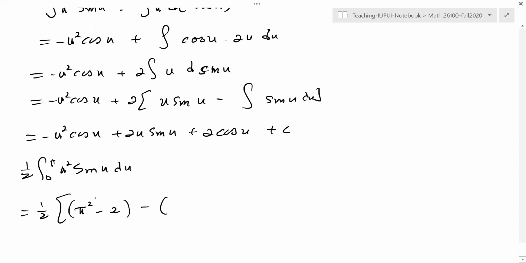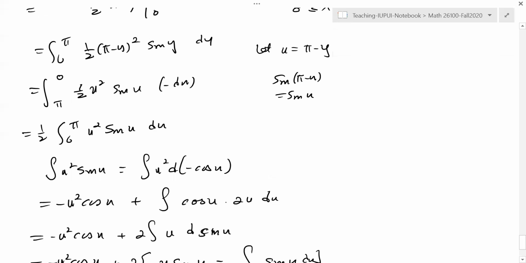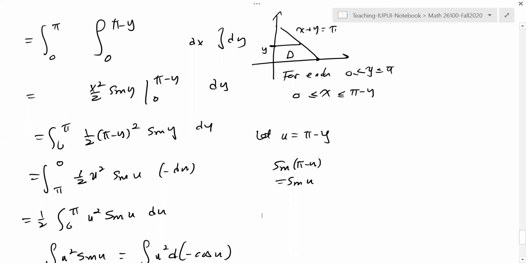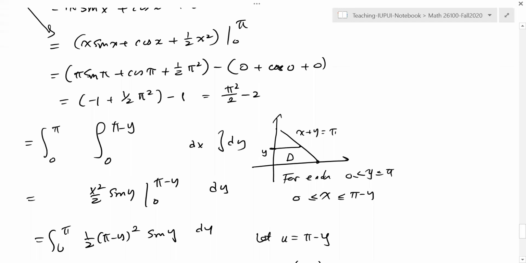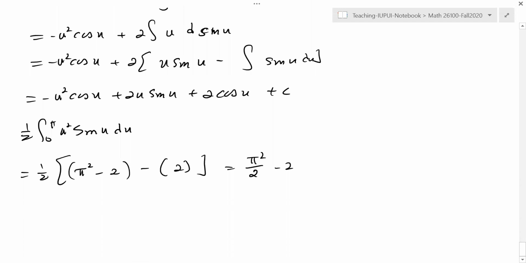But then I plug in 0. That's 0, 0, and this will be 2. So what I got is pi squared over 2 minus 2. Do I get the same answer? Yes, I hope so. Pi squared over 2 minus 2. See, it's the same answer, but it's more complicated.